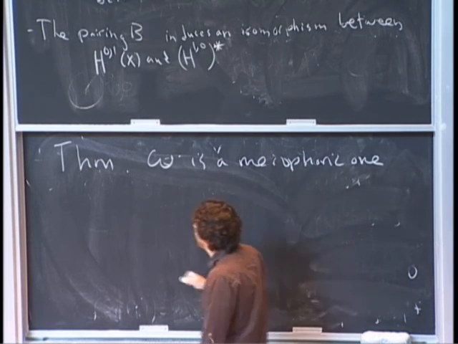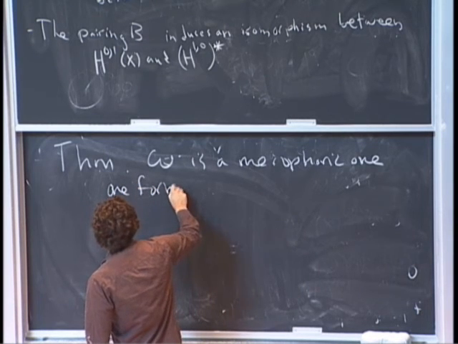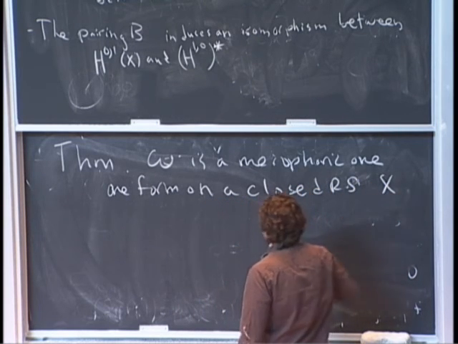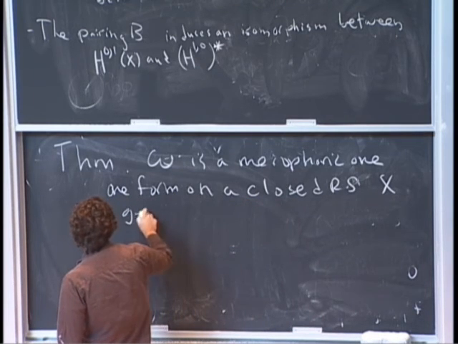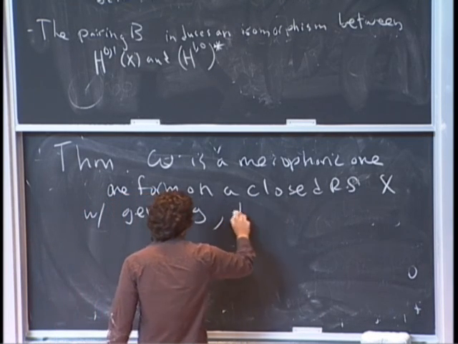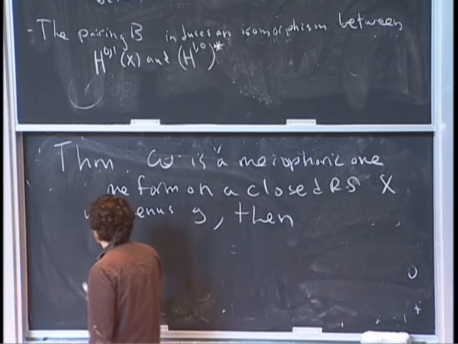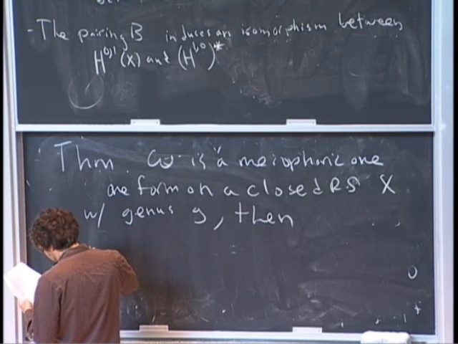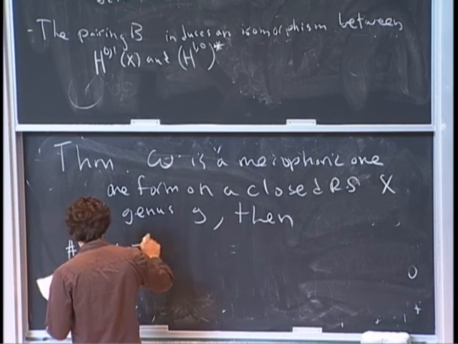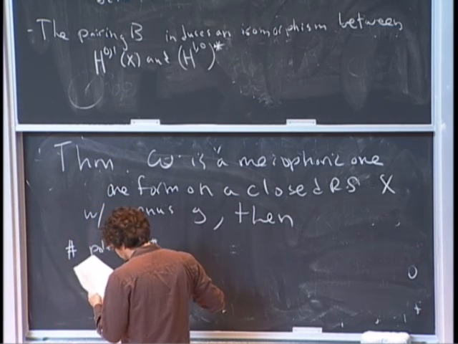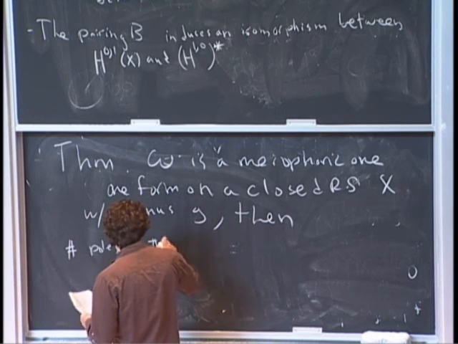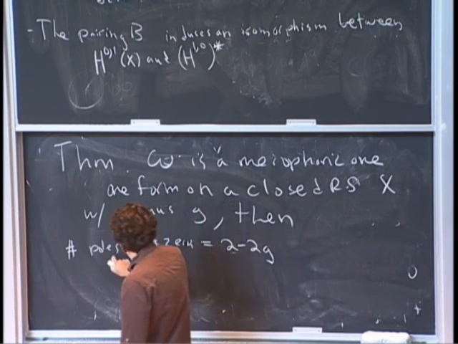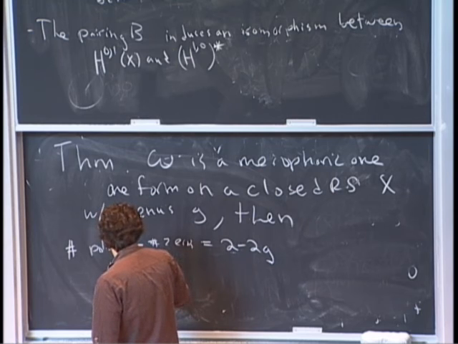This is a more global fact: if omega is a meromorphic one form on a closed Riemann surface X with genus g, then the number of poles minus the number of zeros is equal to 2 minus 2g, where we count with multiplicity. So in other words, look at the order.